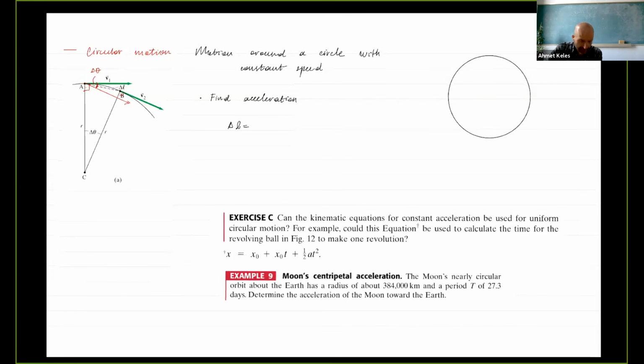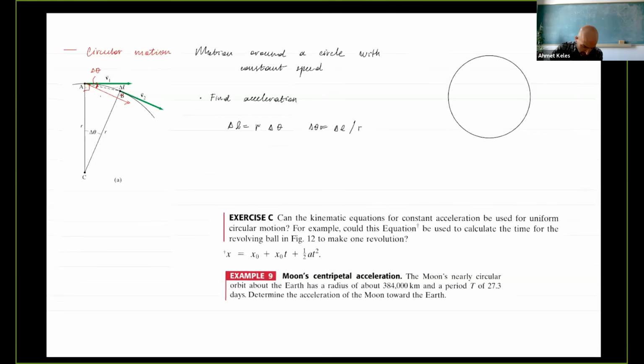We are talking about delta theta being very small. It's simply radius times delta theta, right? If delta theta is 2 pi, I have the full circumference, but I have just a little bit, so this is r times delta theta. From that, I can solve for delta theta equals delta L divided by radius.